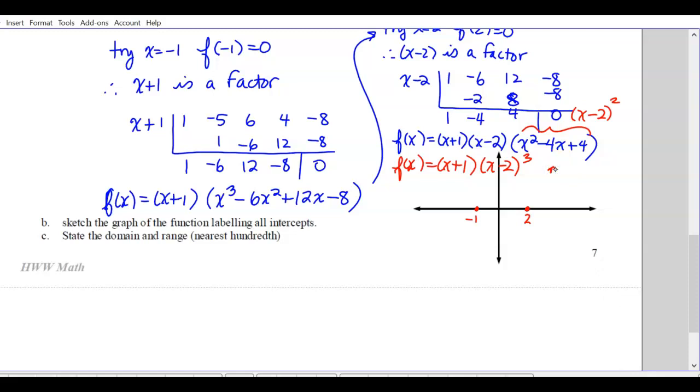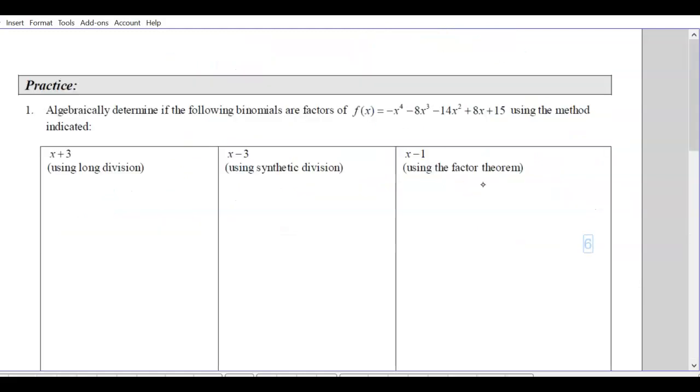It's degree 4, so it's going to go up and to the left. And remember, multiplicity of 3 means it zigzags through there. So really it's going to go like this, and like that. Kind of missed the point, but I'll, oh.